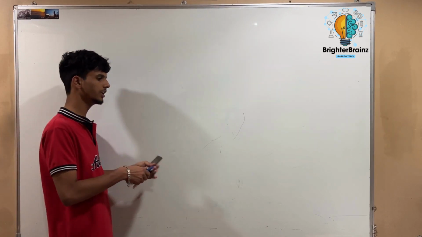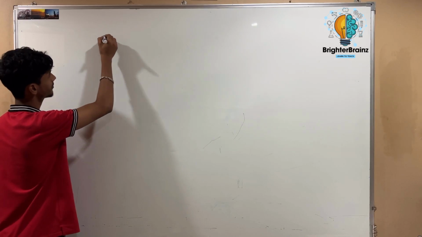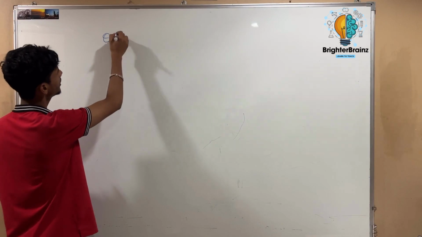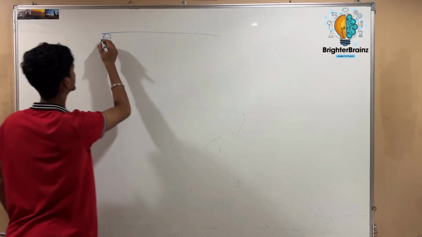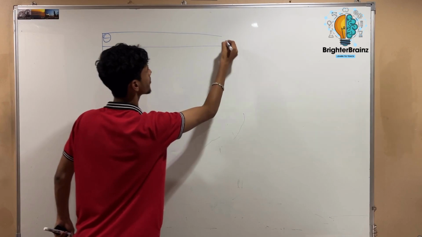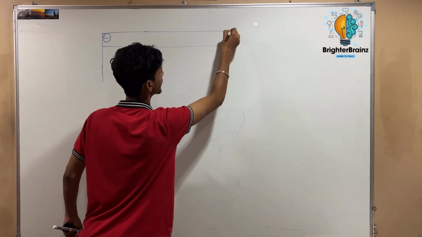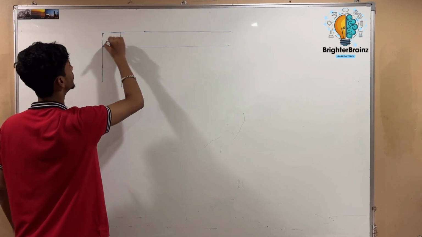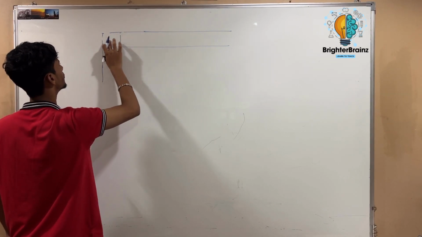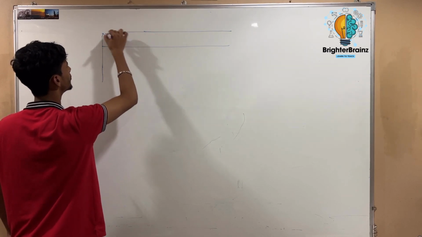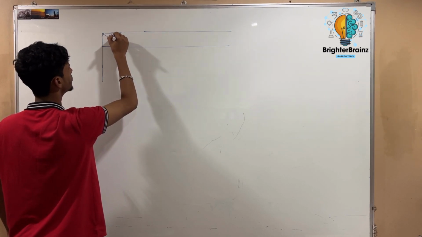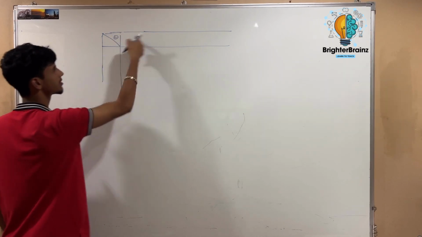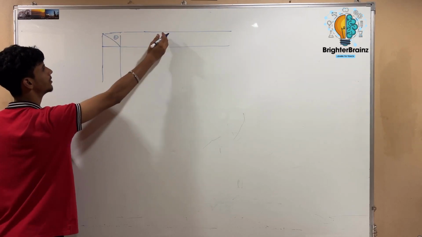So without any delay, let us go into the topic. Let us construct a table first. This is the trigonometric ratio, and here this is theta, the angles, in this row.